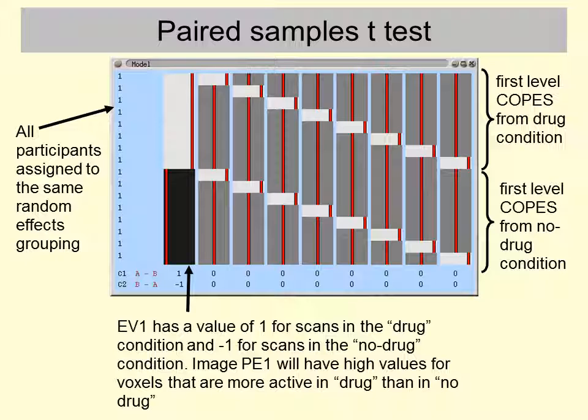This explanatory variable here is the one we're really interested in and the one we want to run our contrasts on. It's got a high value for all of the drug condition scans, and a low, negative value, in fact, for all of the no drug condition scans.